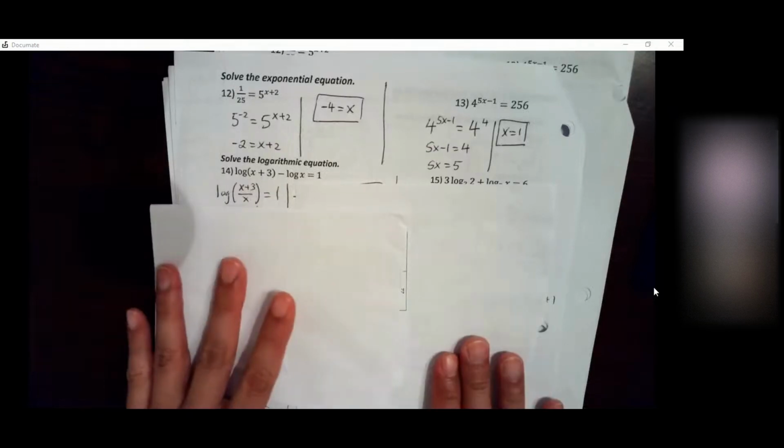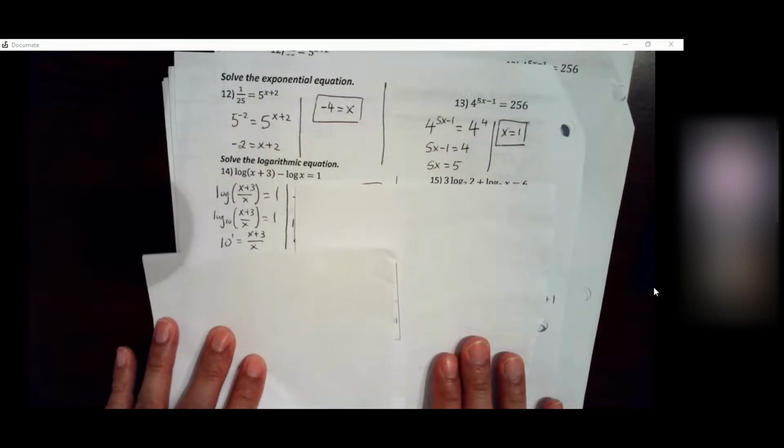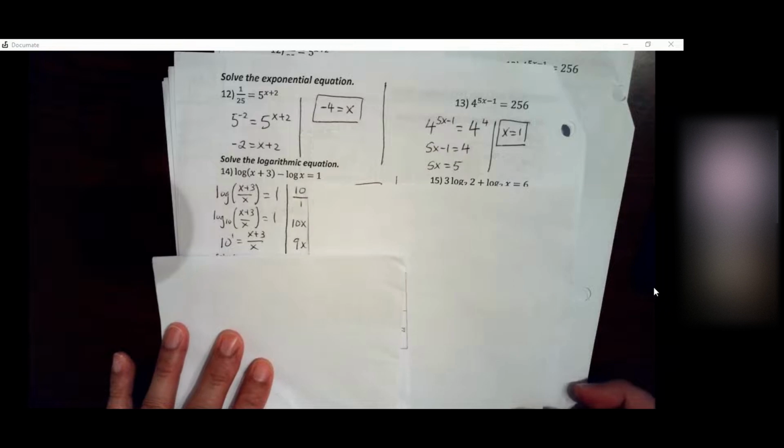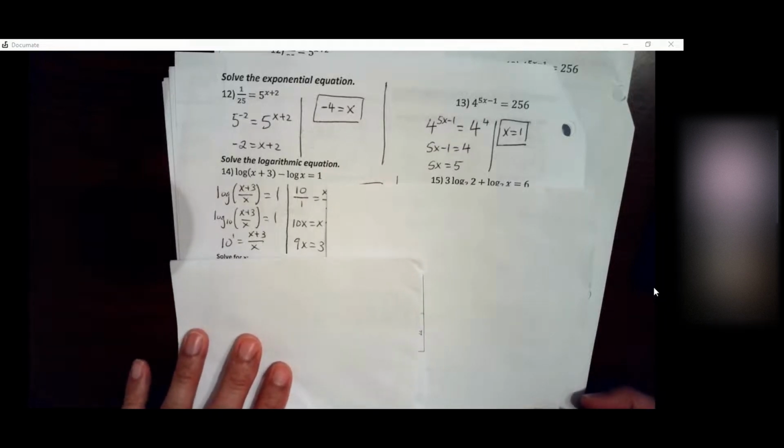We're trying to solve for x, but the x is kind of stuck inside that set of parentheses. Oh, could we convert it to exponential? Yeah, convert to exponential. 10 to the 1 equals x plus 3 over x. 10 equals x plus 3 over x. Cross multiply. 10x equals x plus 3. 9x equals 3. X equals 1/3. Yeah.